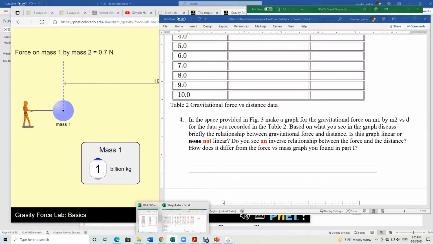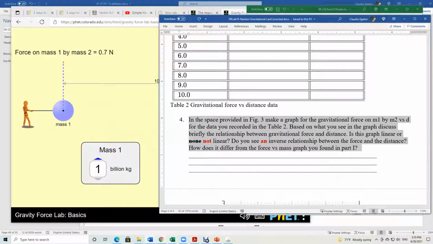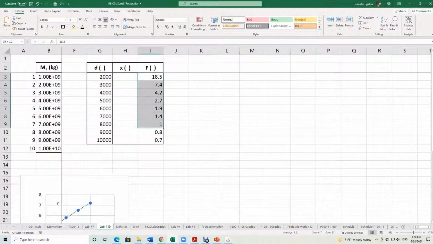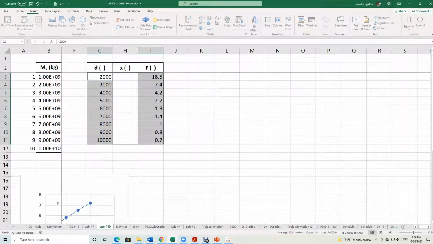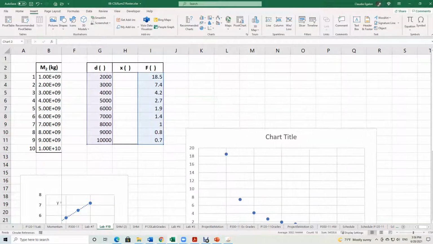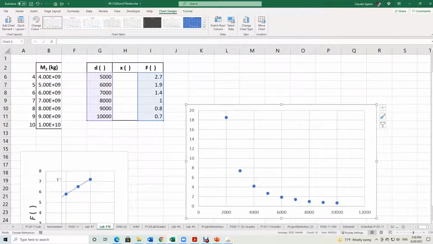Let's do it. Not this one, on the other one. Force, D. Insert. Here you go. That's how the force changes with the distance.